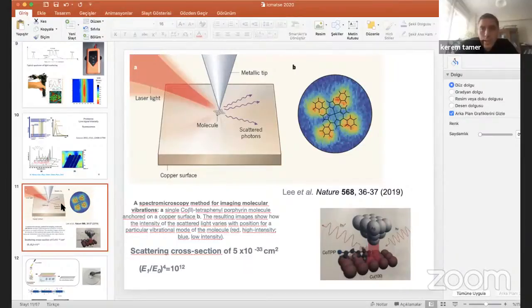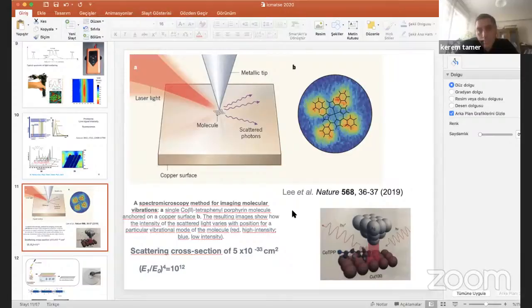You can analyze a single molecule, such as this cobalt tetraphenyl porphyrin molecule. Okay, but as you see, the Raman scattering cross section is very low. It's approximately 10 to the minus 30s. Okay, because of this reason, you should increase the signal.